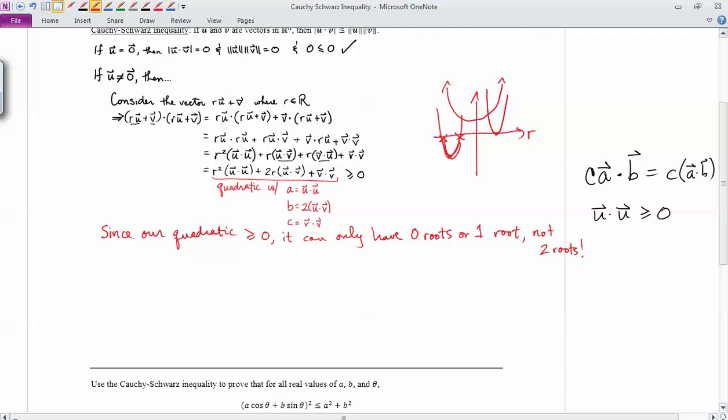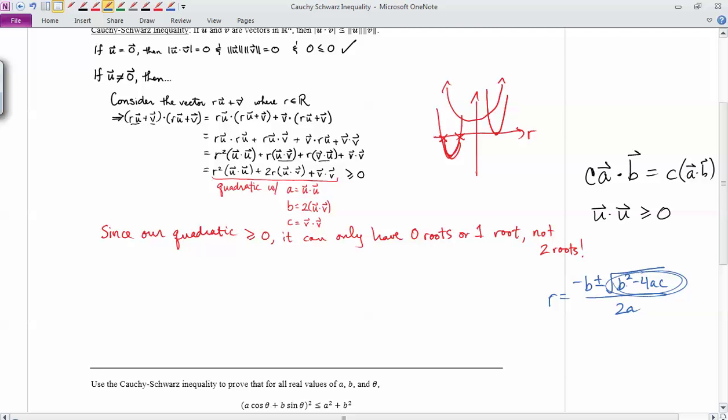Okay. Well, the way that you can kind of see when you get 0 roots or 1 root is if you look at the quadratic formula. Now in this case it would be r equals, not x equals. It'd be negative b plus or minus square root b squared minus 4ac all over 2a. The part that tells you how many solutions you get is the part inside the square root. That's called the discriminant, if you remember.